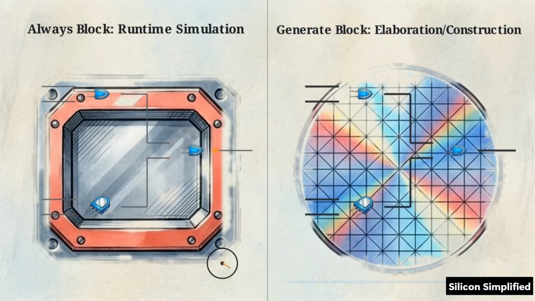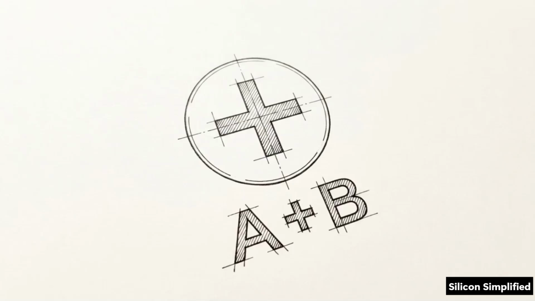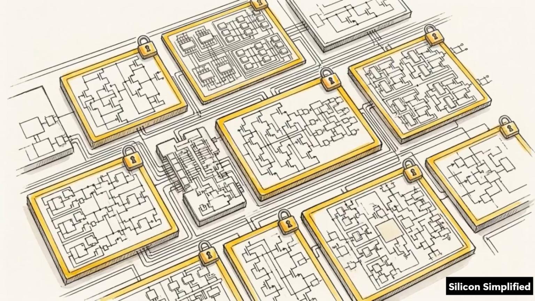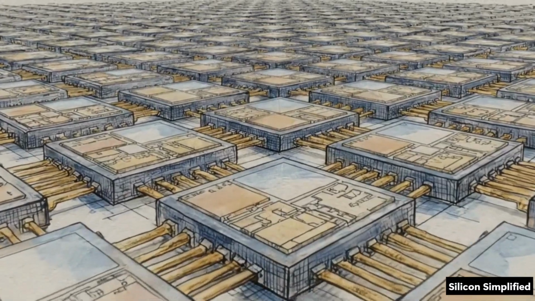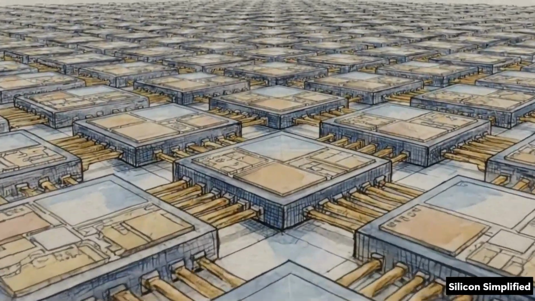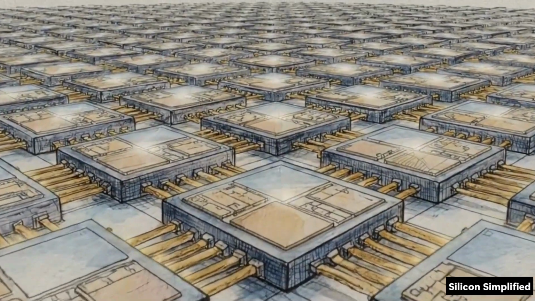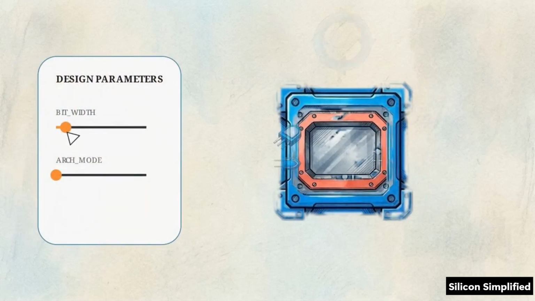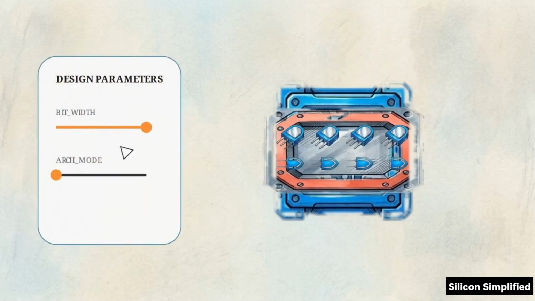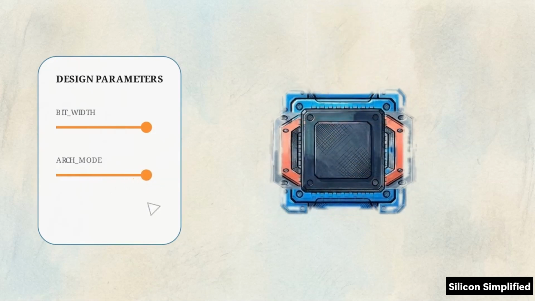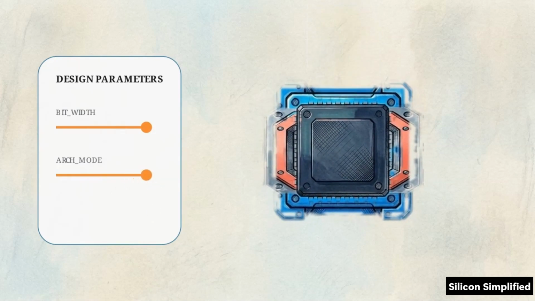While behavioral abstraction handles standard arithmetic, structural generation is required when exact gate-level topologies and verified IP reuse are mandatory. This procedural approach to structure allows modern engineering to scale to massive computational demands without the error-prone process of manual wiring. Mastering the generate construct enables the creation of parameter-driven architecture, where the hardware layout adapts automatically to the shifting constraints of a design.